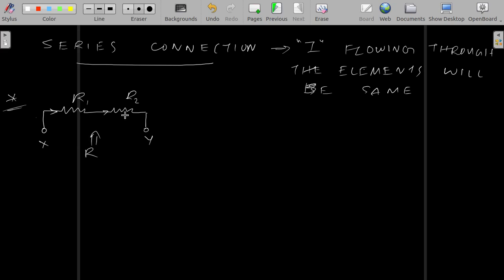Here R1 and R2 are connected in series. Then the equivalent resistance will be R1 plus R2. Okay.